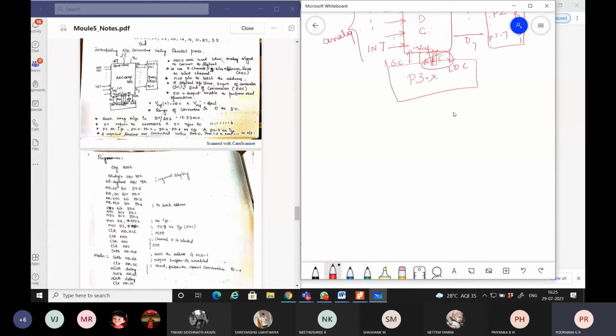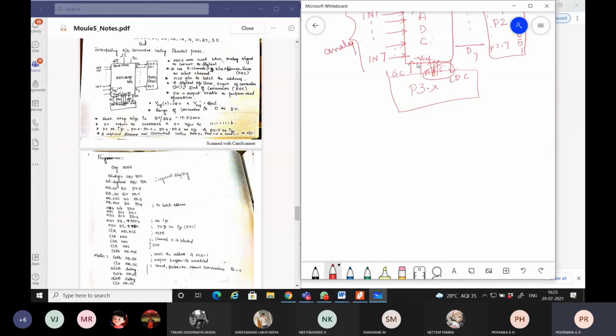This ALE signal, connected from the 8051 through some port 3.x to the ADC, will make the ADC get enabled. That is the function of ALE. Similarly, there is one more pin associated with this ADC, the OE bar. This OE will enable the chip, provided it is connected to 1.